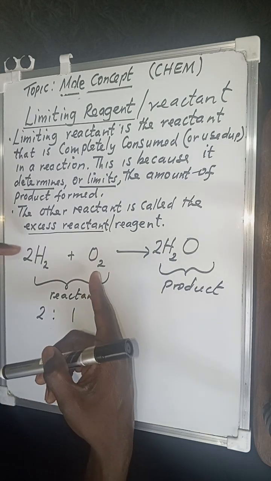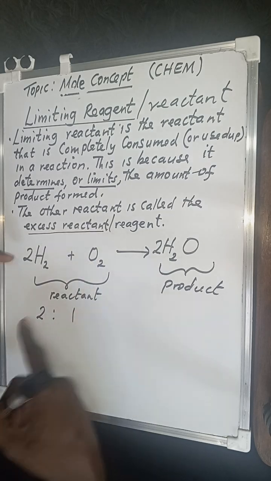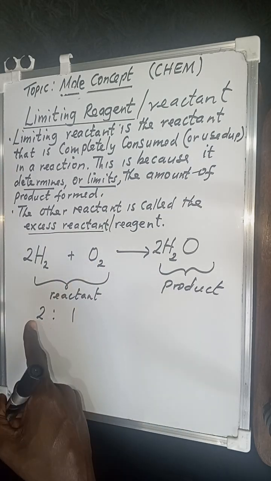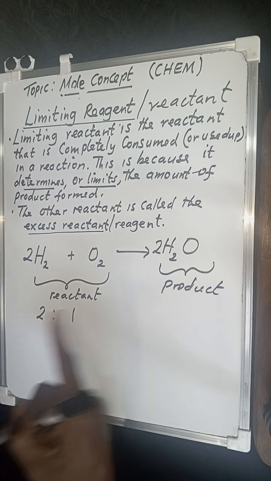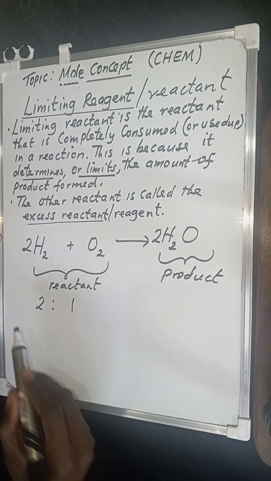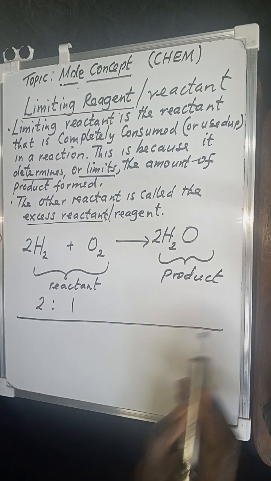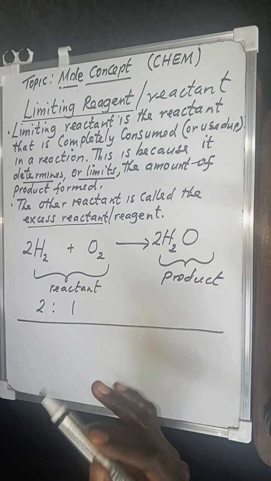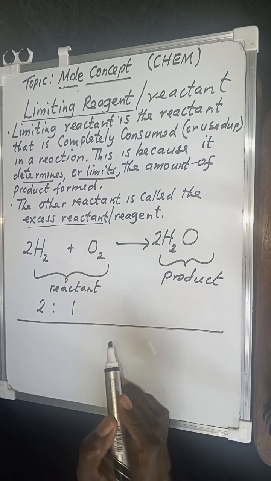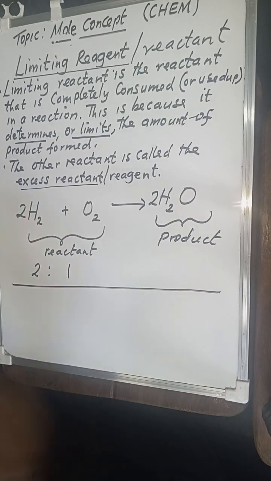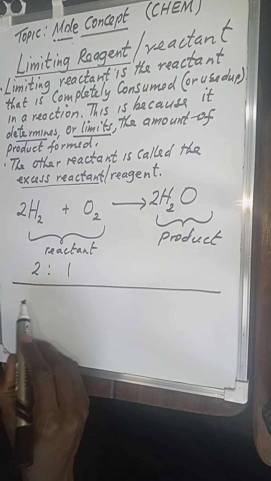You cannot just use the number of moles you calculate for this and that and conclude it is the limiting reagent, because the mole ratio is not 1 to 1, it is 2 to 1. It simply means that you need to prove that one further. When you just calculate the number of moles, the one with the smallest number of moles is the limiting reagent where the mole ratio is 1 to 1.